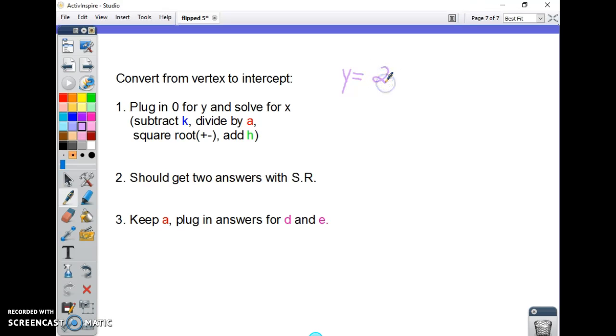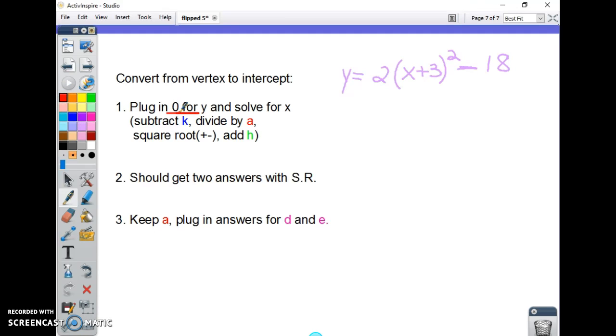So we have y equals 2 times the quantity, let's say x plus 3 squared, let's say minus 18. That's going to be a good set here. So the first thing that we do, it says plug in 0 for y and then solve for x.